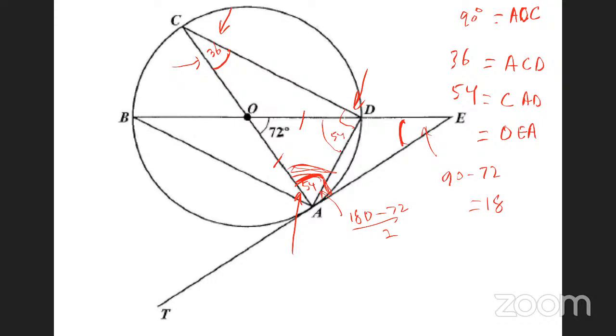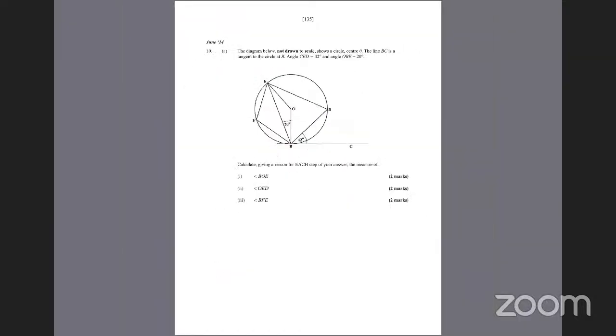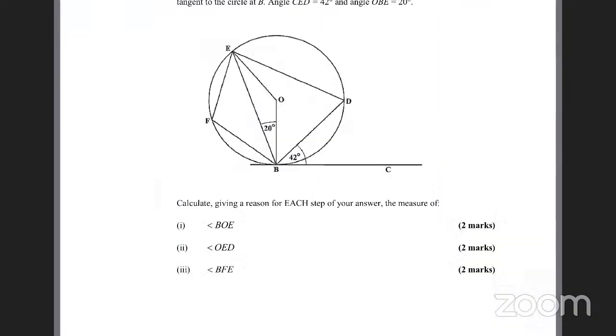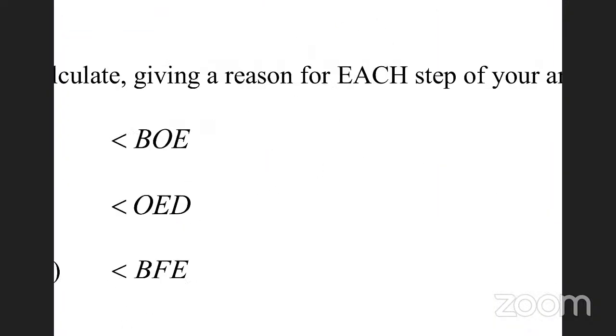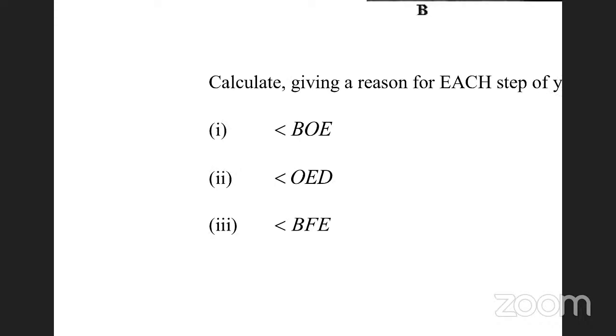Let's go again. This one looking hard. Write down the three first. You want to get BOA, you want to get EOD, and you want to get BFE.